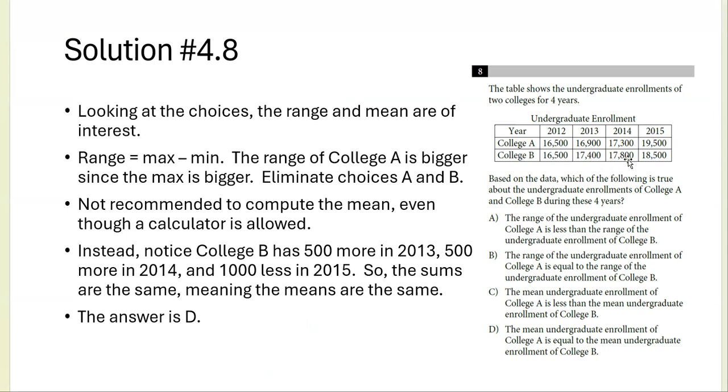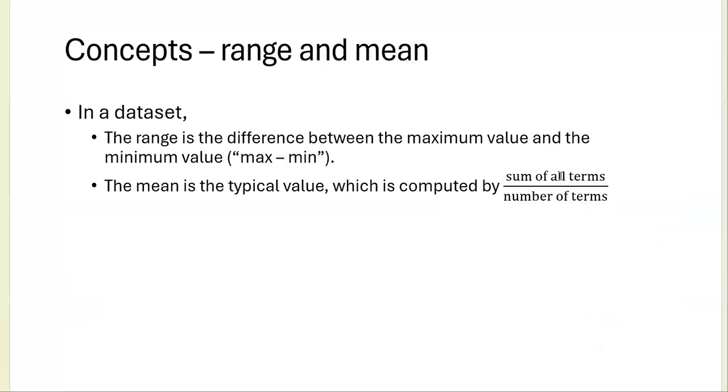This is bigger by another 500. And this is less than this number by 1,000. Oh, look, the sums are the same. So the means are going to be the same as well, because again, it's the sum of all the terms divided by the number of terms. If both sums are the same and they both have 4 terms, the mean's the same.